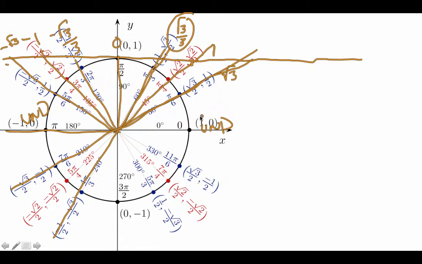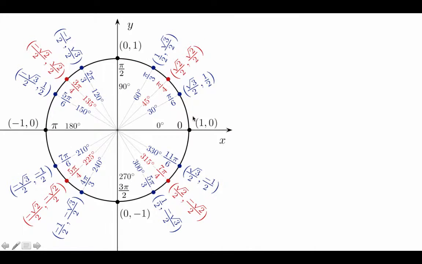Good? With the cosecant, it'd be similar, the reciprocal of the sine, undefined here. The reciprocal of the sine, 2. The reciprocal of the sine ends up being square root of 2 when we simplify here. Reciprocal of the sine, 2 root 3 over 3.